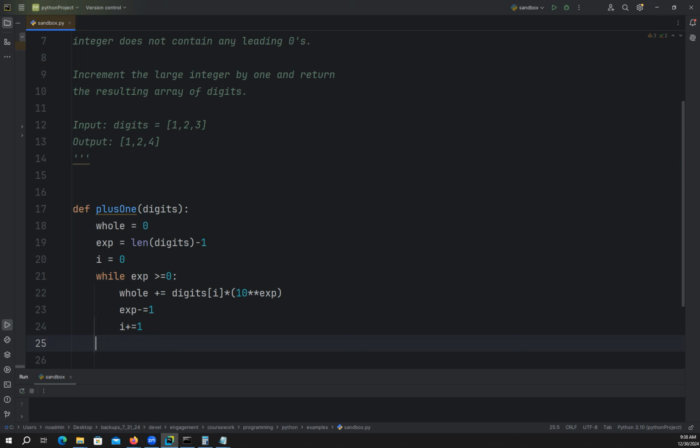And that's it for the while loop. Once I'm done with the while loop, I have my whole number, my multi-digit number, stored in whole.